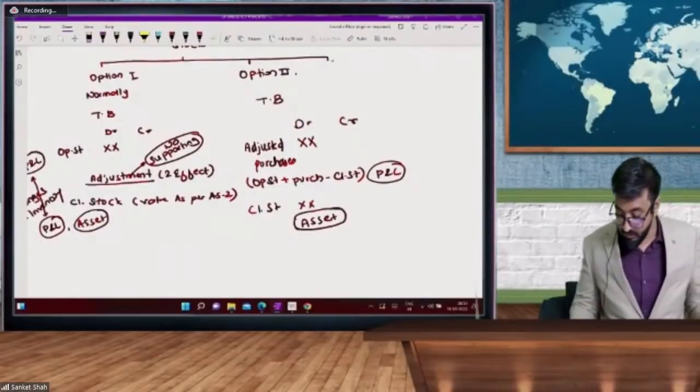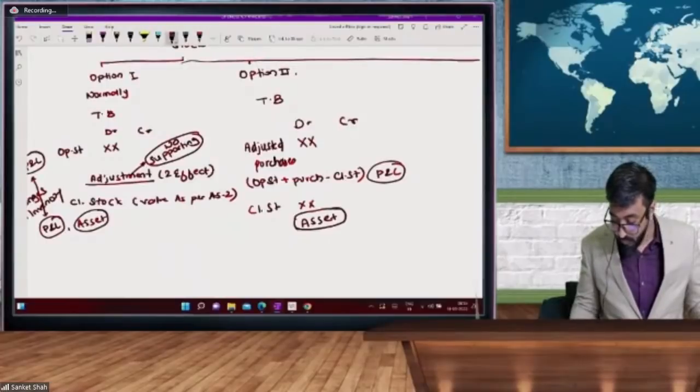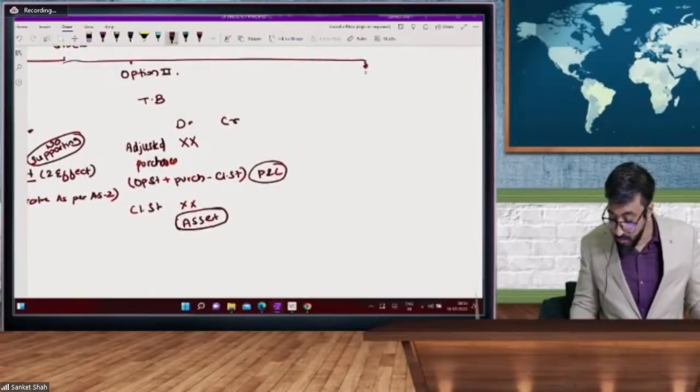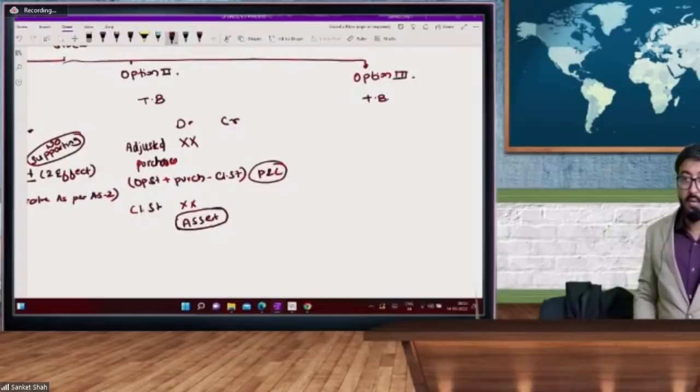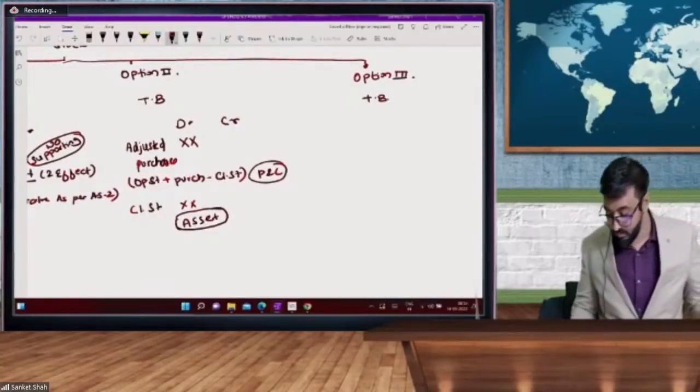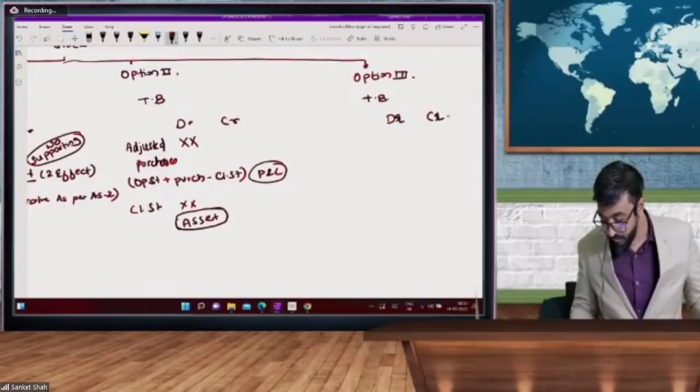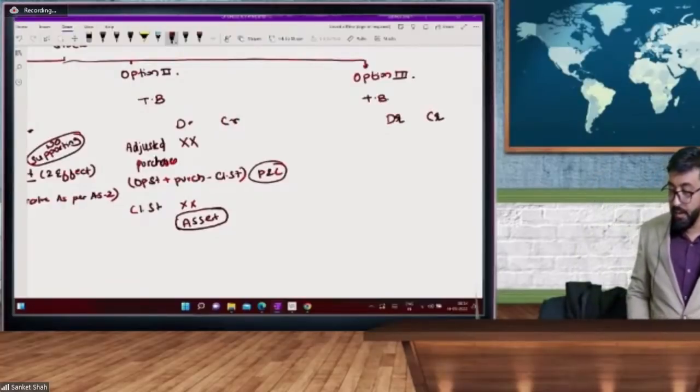And beta, there is one more option, option number 3. Debit, credit.